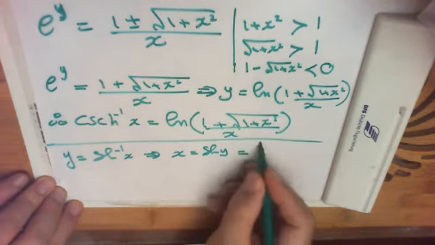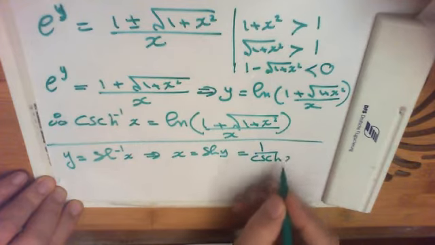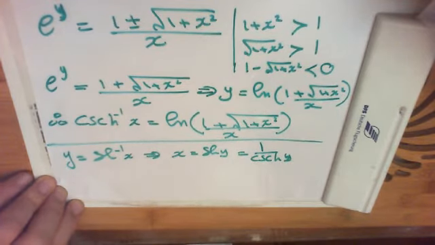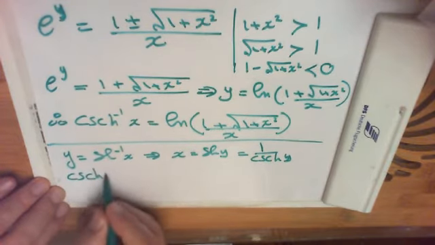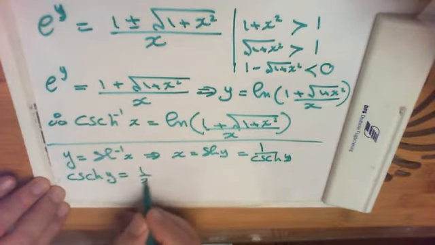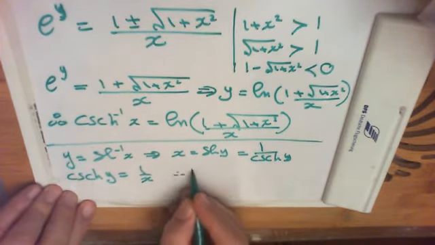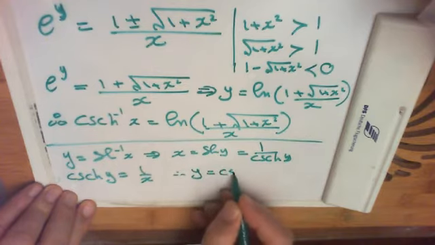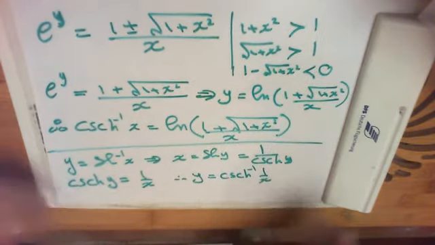But sinh is 1 over cosech, right? So cosech y equals 1 over x, taking the reciprocal of both sides. Therefore y equals cosech minus 1 of 1 over x.